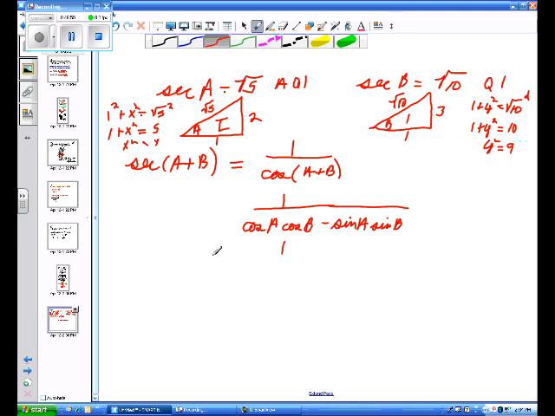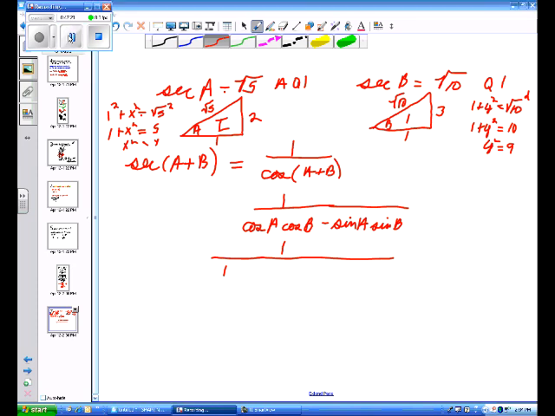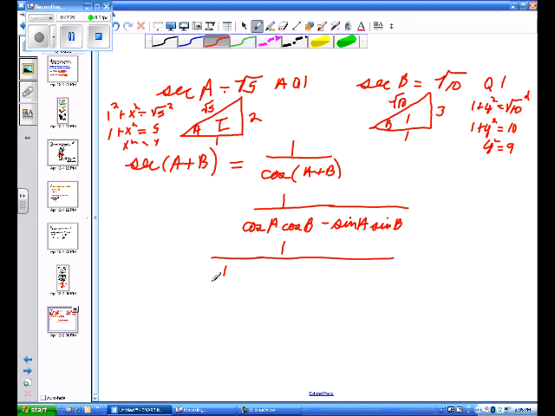So now we have 1 over the cosine of A would be 1 over the square root of 5.